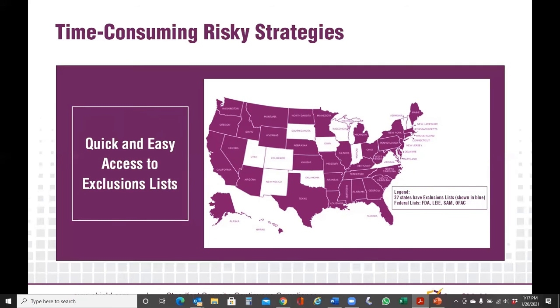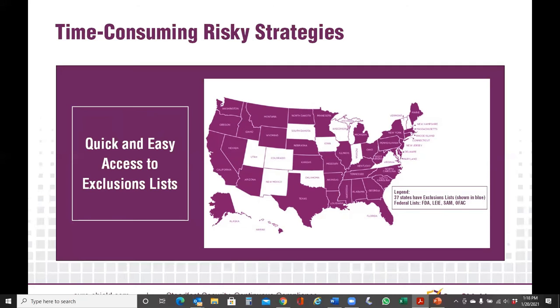A lot of people are just going and checking a provider against those and seeing if they're sending off any red flags. And then on top of that, you have 37 other states that have their own exclusion databases as well.